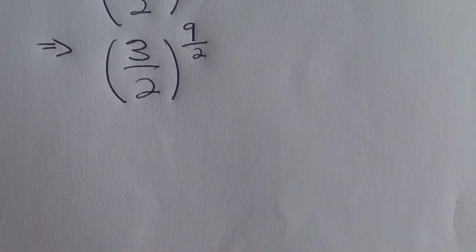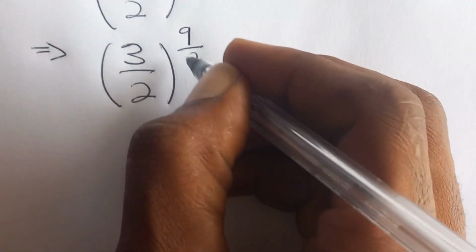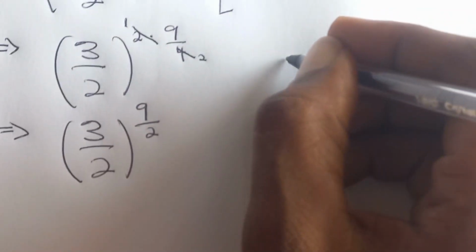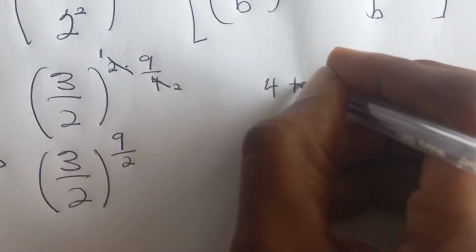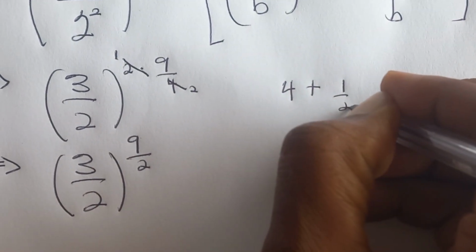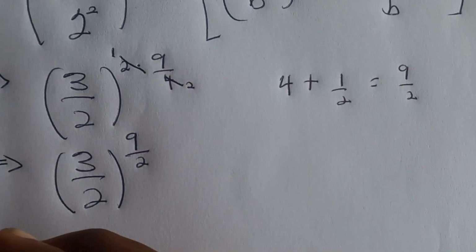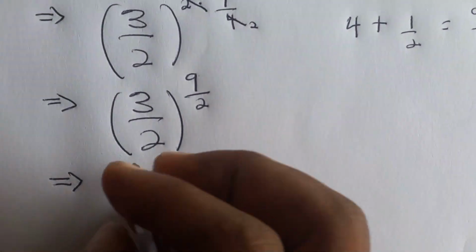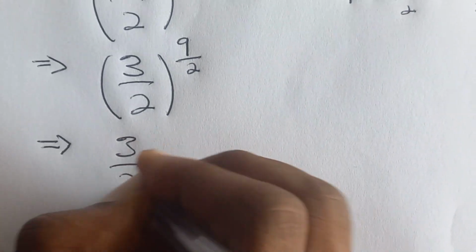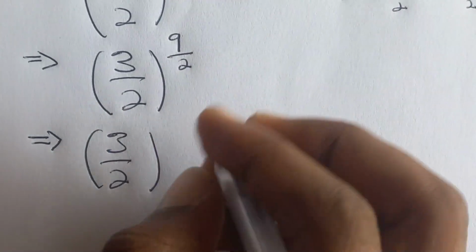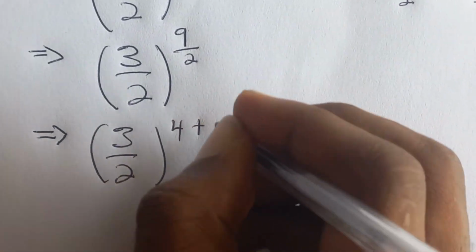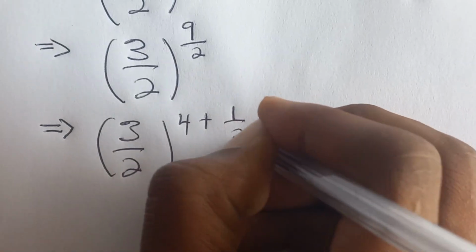Okay, so now this 9 over 2, we can express it as 4 plus 1 over 2, which is the same as 9 over 2. So our expression now becomes (3 over 2) exponent (4 plus 1 over 2).